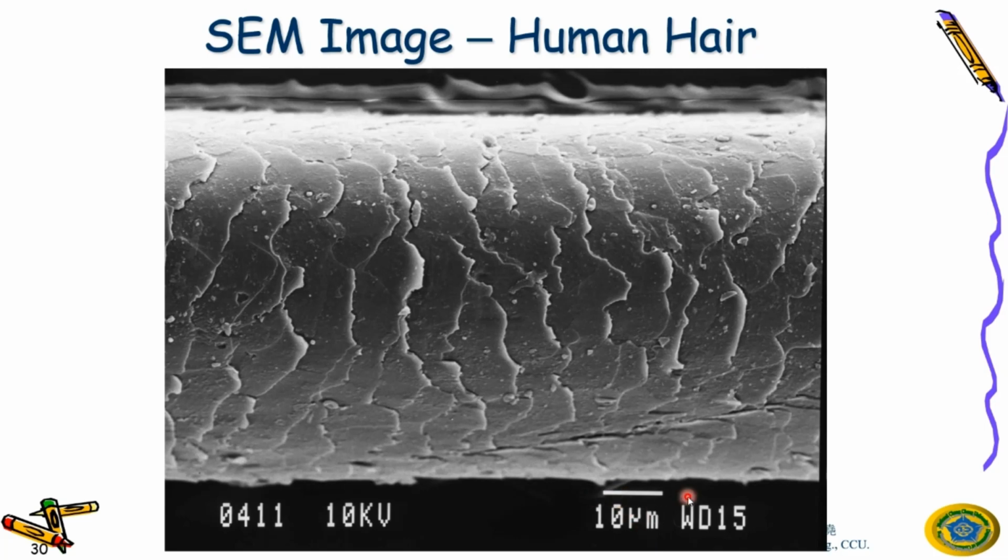Because from here to here is 10. So 10, 20, 30, 40, 50, 60, probably 70. About 70 micrometer, right? But if you write 50 micrometer, you still get a point, no problem.